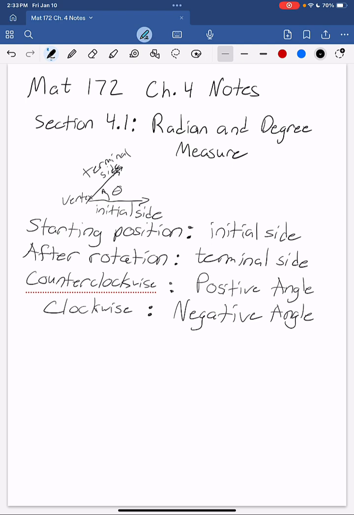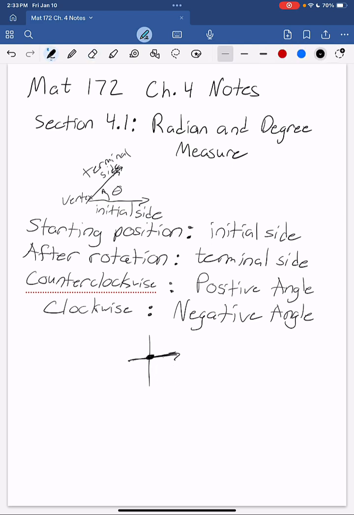Okay. So an angle is also said to be in the standard position if it has its vertex at the origin, and, let me try to make this. Well, there we go. And the initial side is on the x-axis.